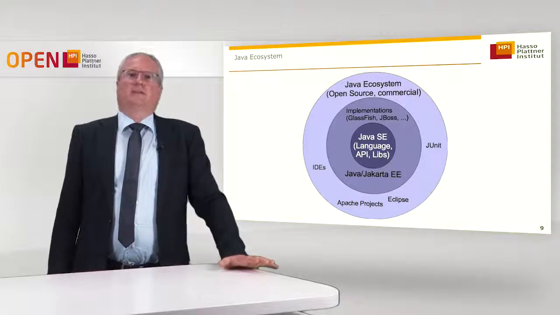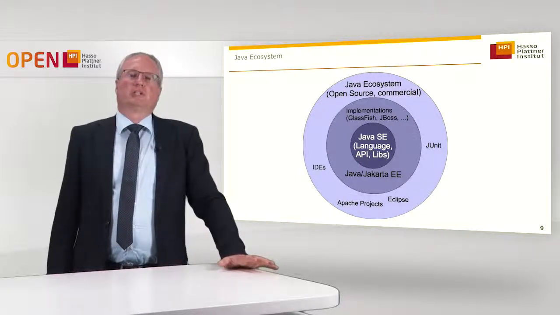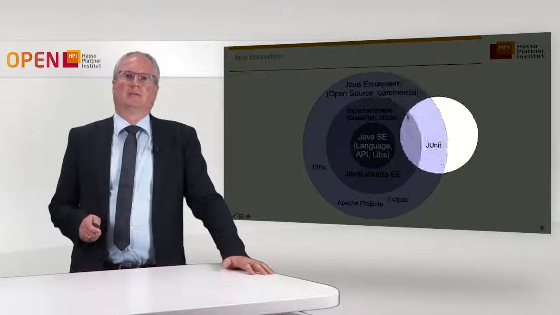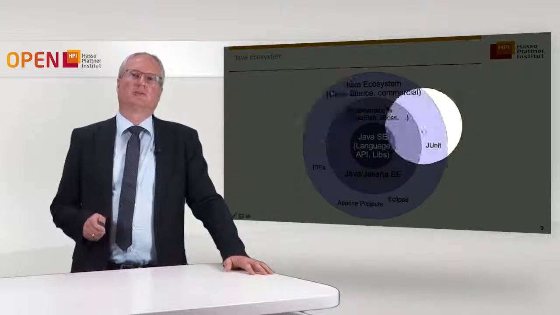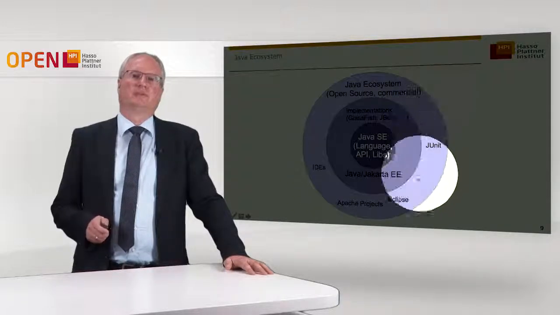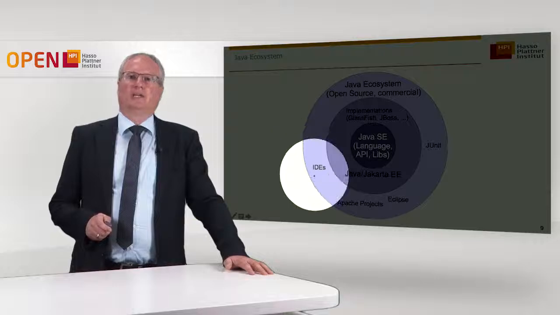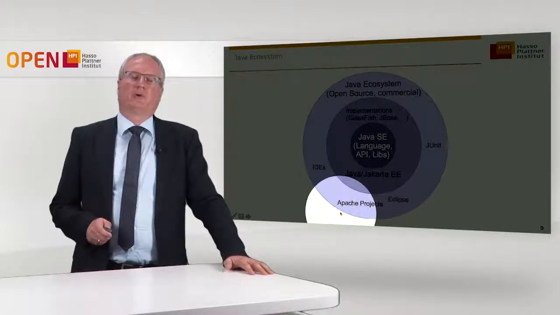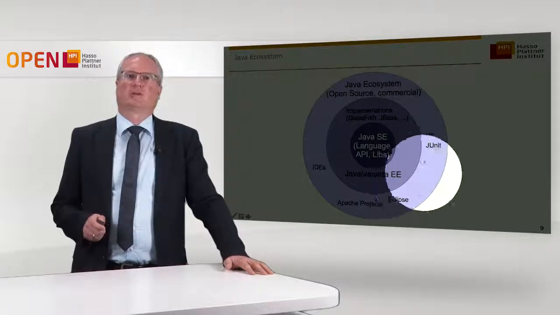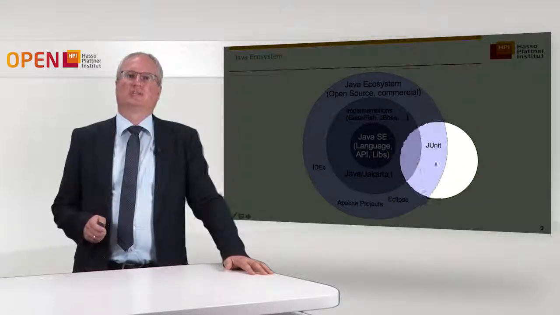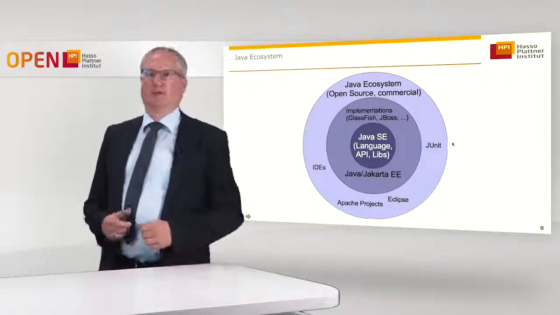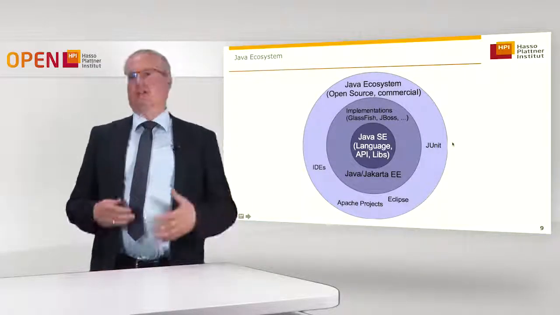And besides this, of course, Java is more than just the official specifications. There is the Java ecosystem around it, which is a huge ecosystem of open source tools and projects that evolved around the Java language over the decades. There are different IDEs. There are all these projects from the Apache Foundation. There's Eclipse and the Eclipse Foundation with all the projects. For example, JUnit is a very common tool. We have the Spring framework, we have the Play framework, and we have other languages for the JVM and so on.